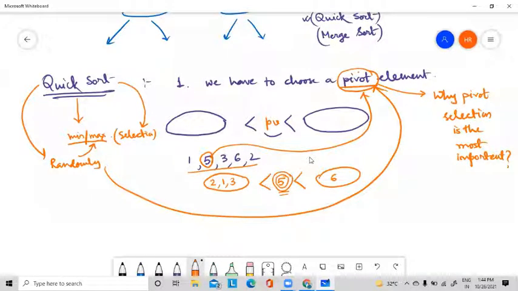The reason is, if we choose the pivot as either max or min, then our quick sort becomes selection sort, and there will be no advantage of quick sort. Okay, so the idea is the same as selection sort. Instead of max or min, here we choose any element randomly, and then we put it in its proper position.